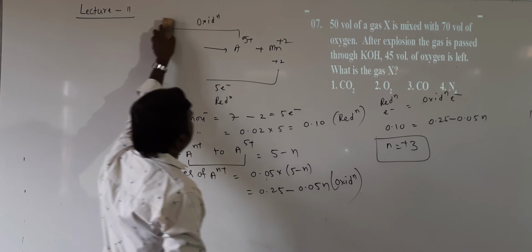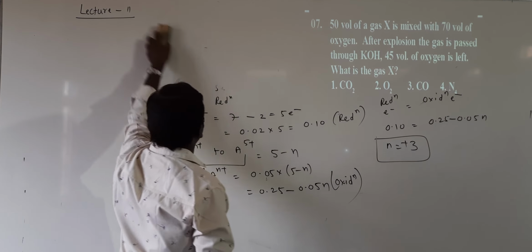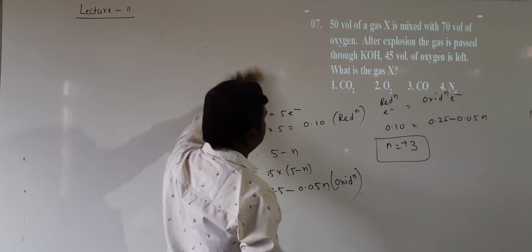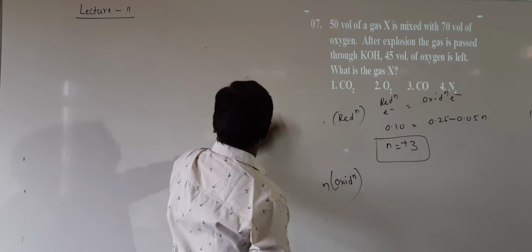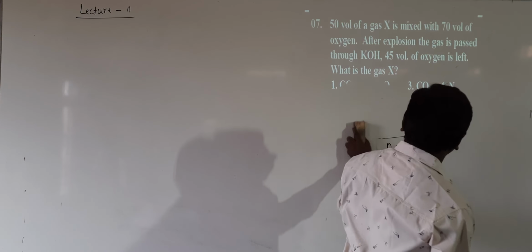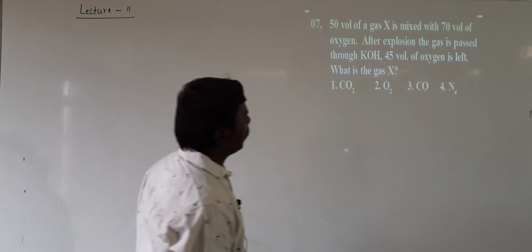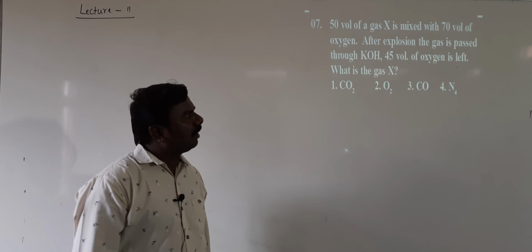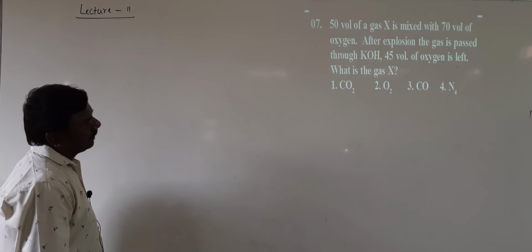50 volumes of gas X is mixed with 70 volumes of oxygen. After explosion, the gas is passed through KOH. 45 volumes of oxygen gas is left. What is X?